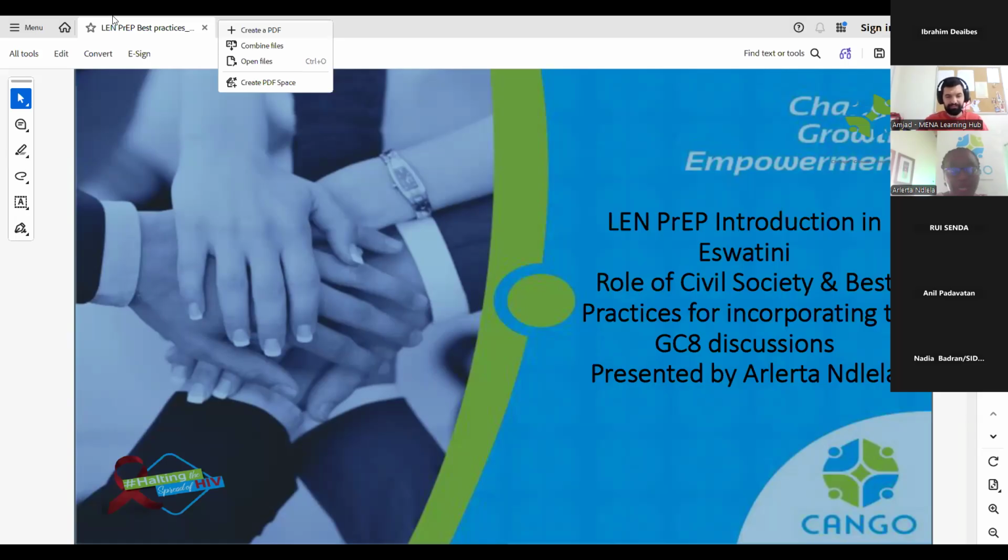introduction in Eswatini. I'm not sure if many of you may know, but Eswatini is a country in the southern part of Africa, with around 1.1 million people. And we have had progress in our HIV response, since we have managed to really improve in terms of reducing our HIV incidence.